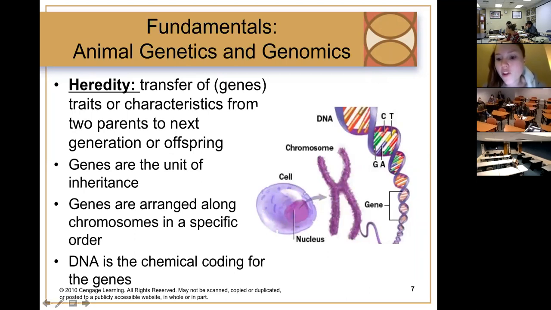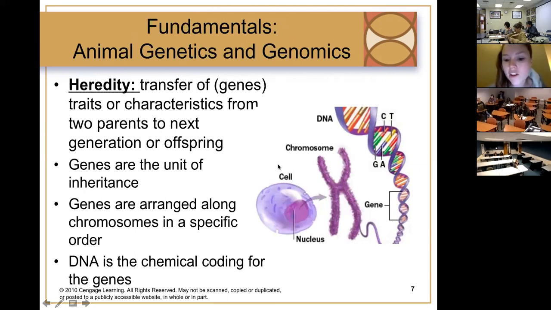On the chromosomes you have genes, which are lined up all along the chromosome, as you can see in the picture. And in the genes, you can see the DNA. So basically, the DNA makes up the genes, which make up the chromosomes, and then the chromosomes are housed in the nucleus. That's how that structure works.